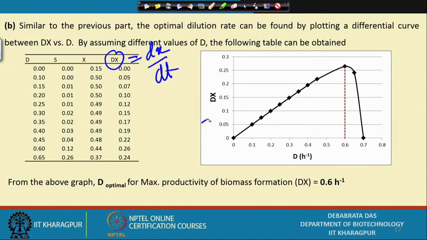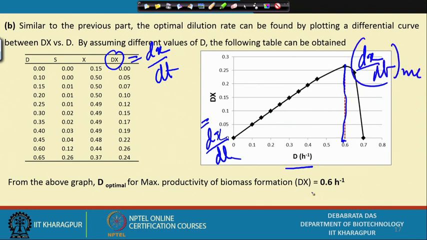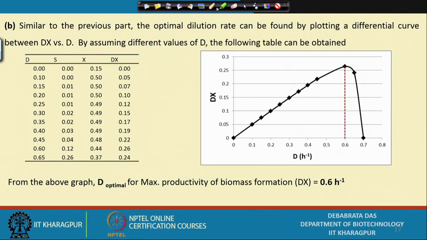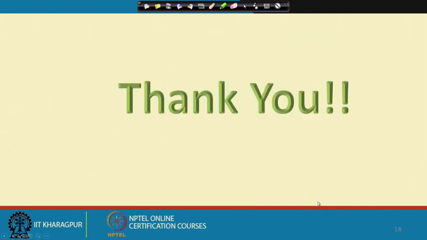Now if you plot with respect to D, you will get a dilution rate at which the value of dX by dt is maximum. So that is here also. We have seen both the product formation and the cell mass formation. We require maximum at the same dilution rate.